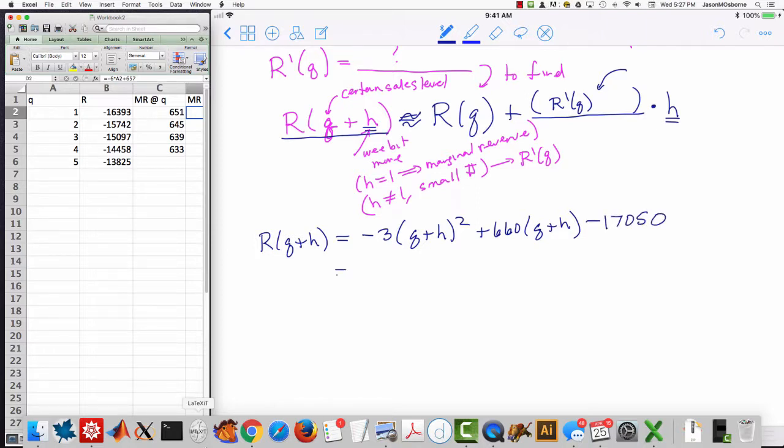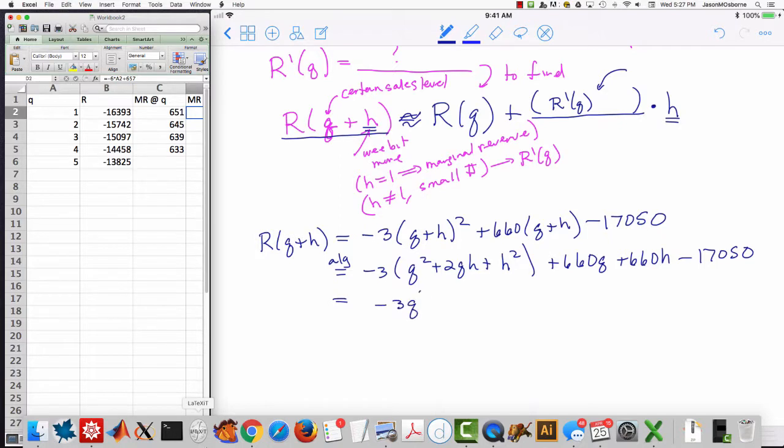Okay. If you work out the algebra here, you'll get (Q plus h) squared is Q squared plus 2Qh plus h squared. Distribute the 660, minus 17050. Distribute the minus 3: minus 3Q squared minus 6Qh minus 3h squared plus 660Q plus 660h minus 17050.